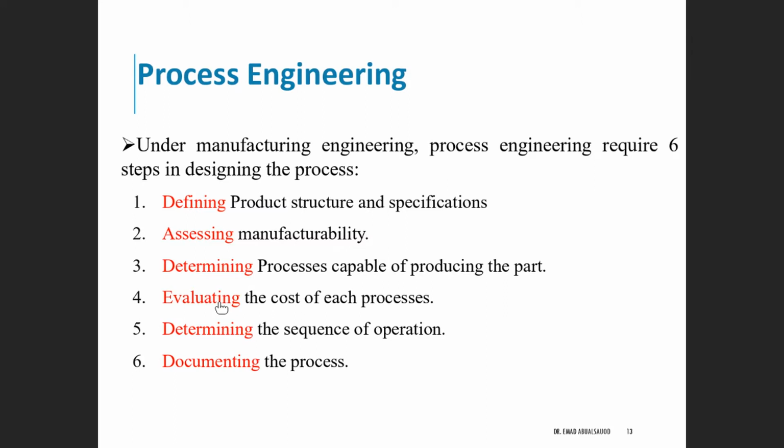When we talk about cost, this is related to the engineering economy course, and you see how things are all connected to each other in industrial engineering, and this is what is unique about it. Everything is connected, and it's also connected to real life. Step 5 is determining the sequence of operations, where it starts and ends, and then at step 6, you document the process.